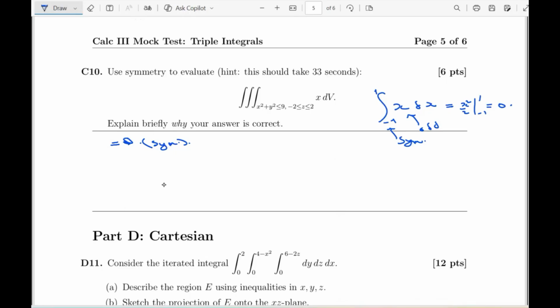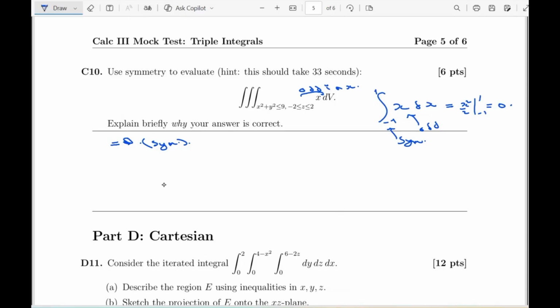However, this idea here is generalizable. It need not be in 1D. We can generalize it to multiple dimensions. Particularly, we can generalize it to 3D. And if we look here, we see that this function here is odd in the variable x. Moreover, the region is symmetric in x.